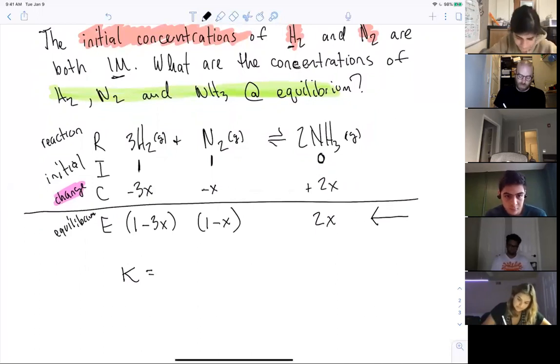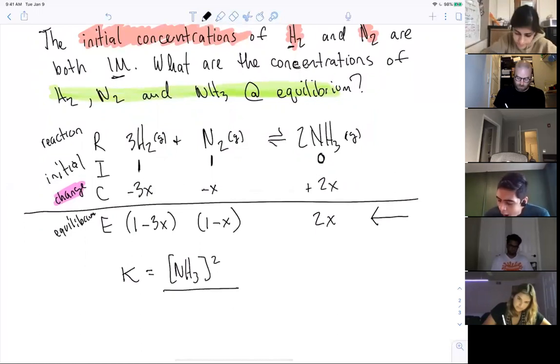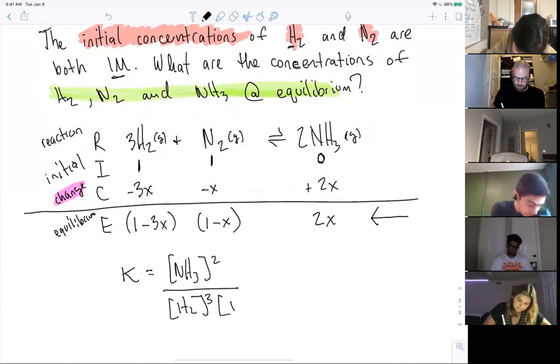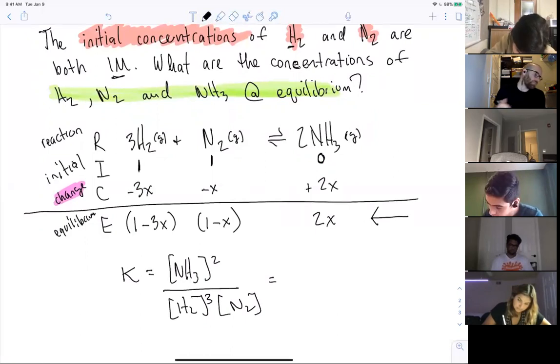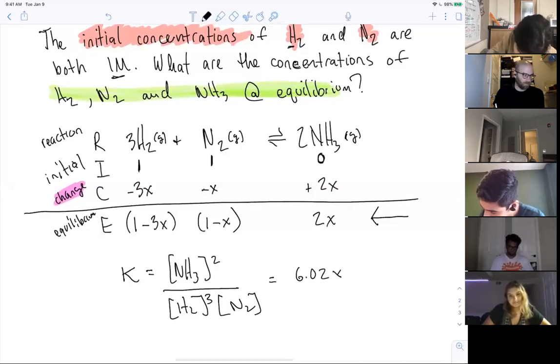So we know that k is equal to this number.